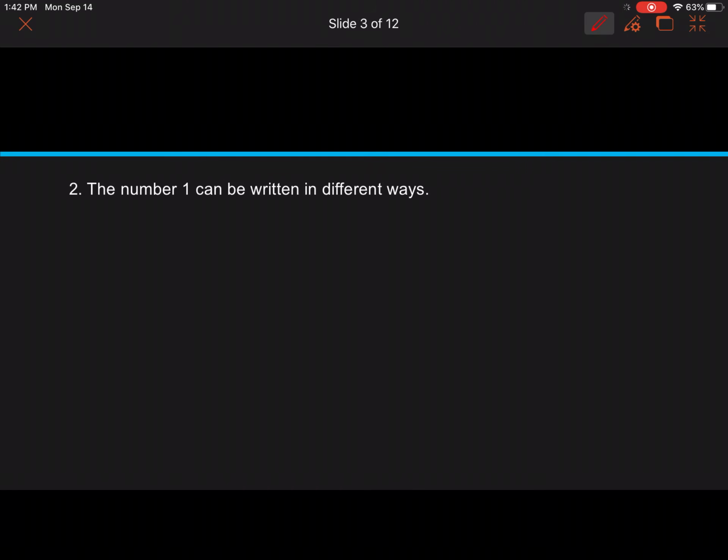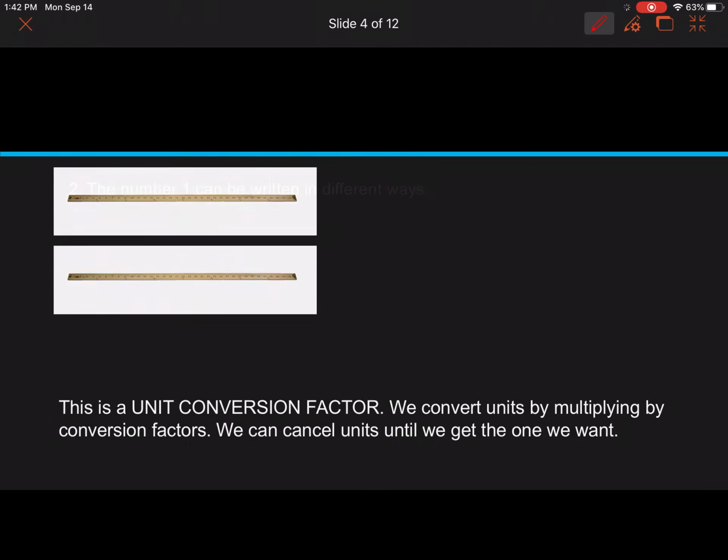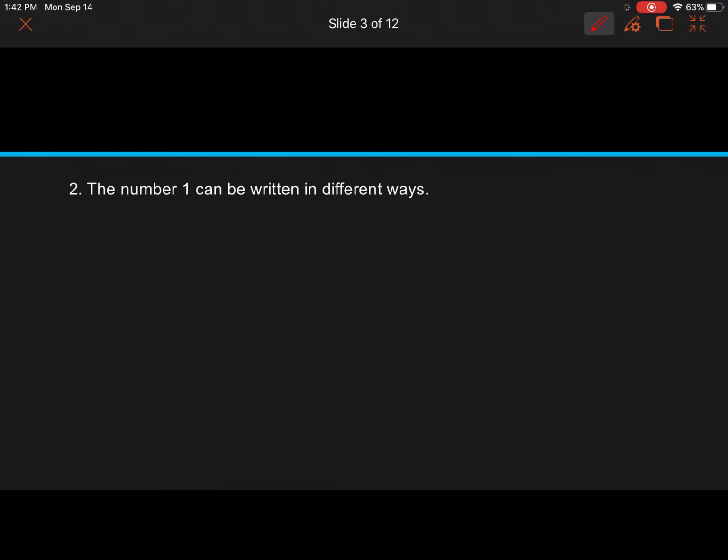The second premise is that the number 1 can be written in different ways. If you were in class, I would ask you to brainstorm the different ways that you can write the number 1. Some people would say 1, or use French or Latin or Spanish, uno, or different languages, but there are all kinds of ways to write the number 1.